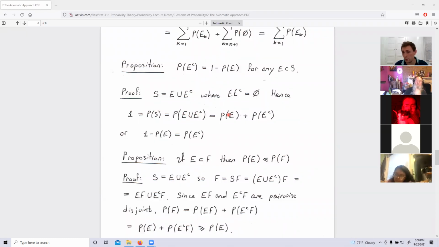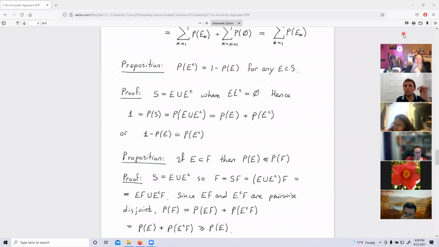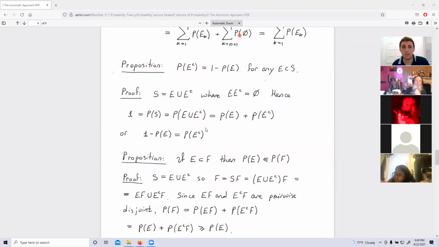And here we already proved we can make axiom number 3 finite. It doesn't always have to use infinite mutually disjoint sets. So we have 1 is equal to P(E) plus P(E complement). And now it's just simple algebra. Just move P(E) across and you have the probability of E complement.